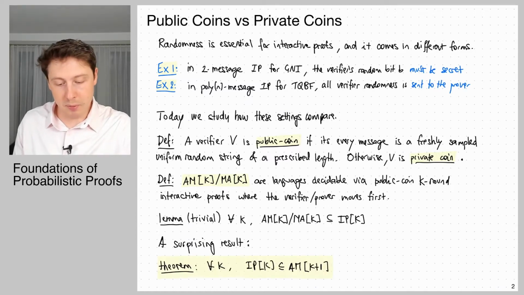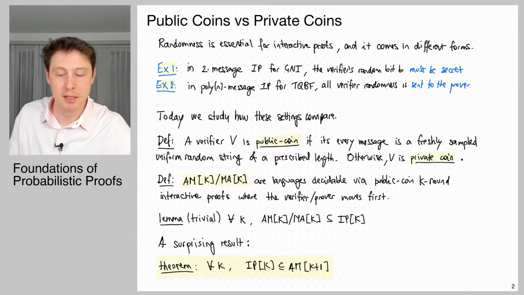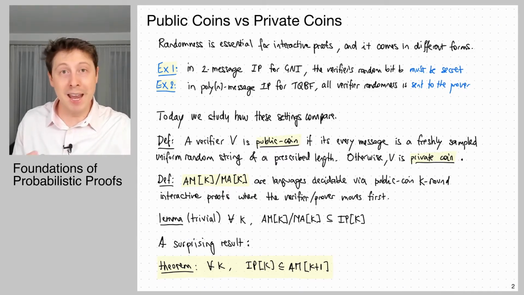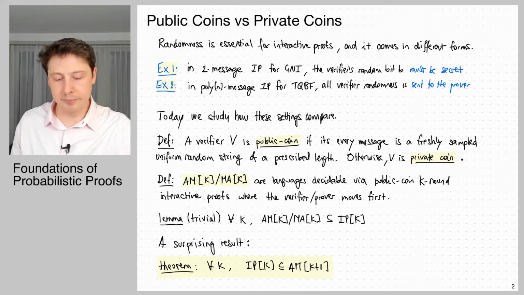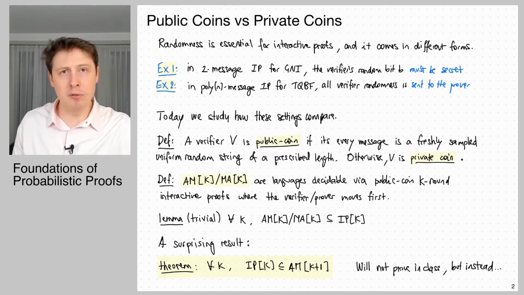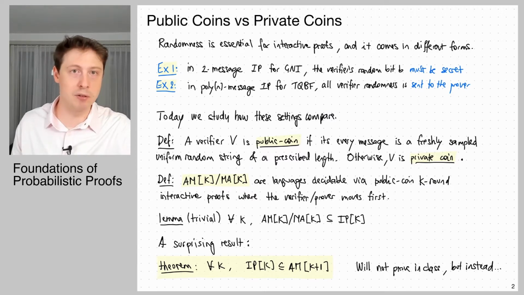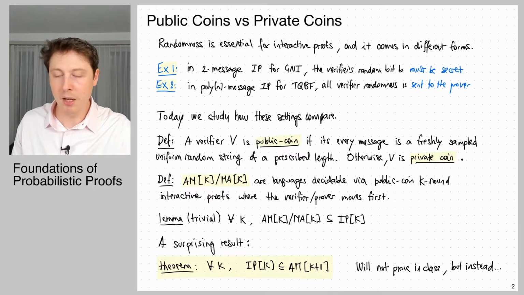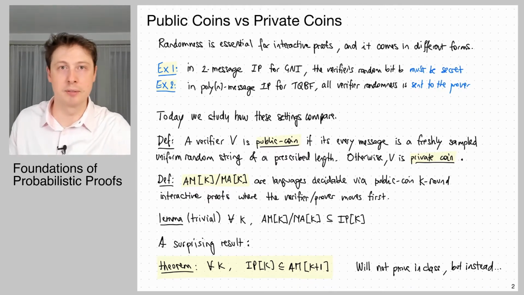There is a rather surprising result that there is a way to transform any interactive proof, in particular a private coin interactive proof, into a corresponding public coin interactive proof at the cost of only one extra round. Okay? So this is a rather involved result, so we'll not prove it in class. Instead, we'll prove a special case from it that is, I think, very cute and very nice to look at. Before I move on, are there any questions?